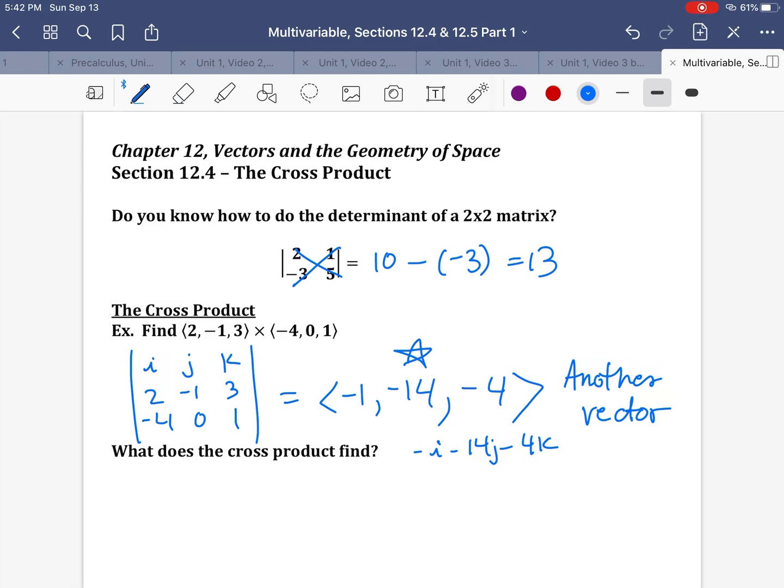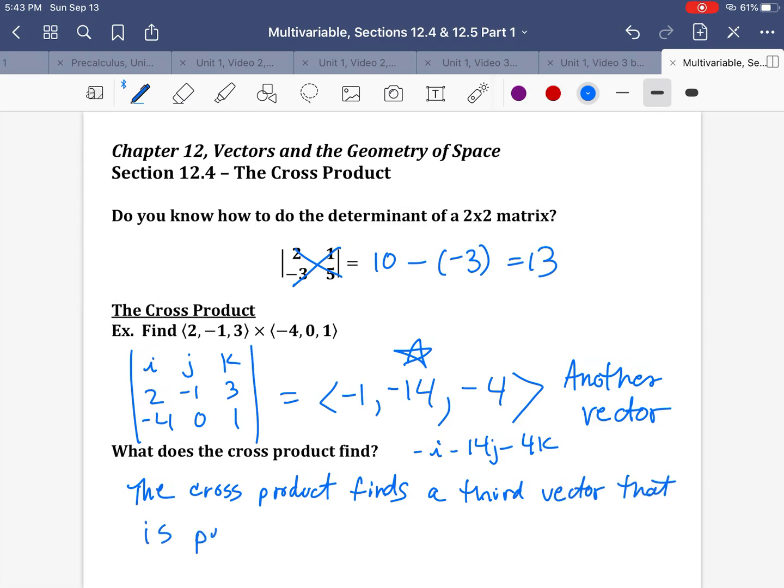All right, so what does the cross product find? So the cross product finds a third vector that is perpendicular, and another fancy word for perpendicular is orthogonal.